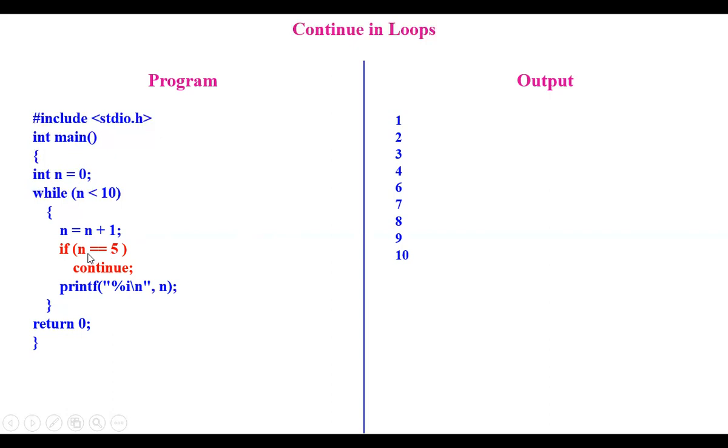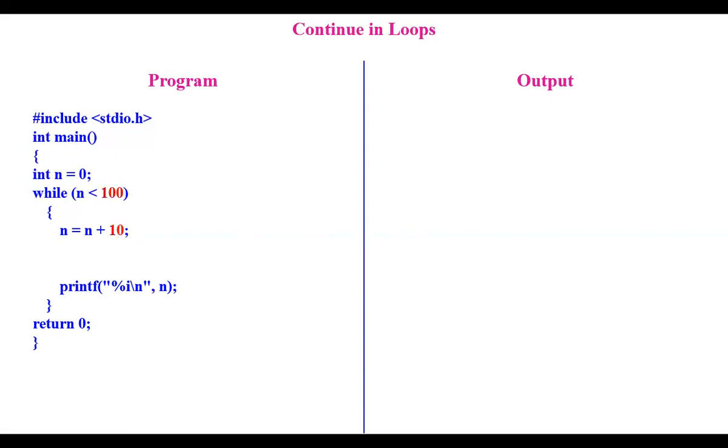That means when n is equal to 5, it has not executed this statement. That means it has missed the value of 5. It didn't display the number 5, except that all the other numbers are displayed. So continue is a very peculiar application in the case of these loops.